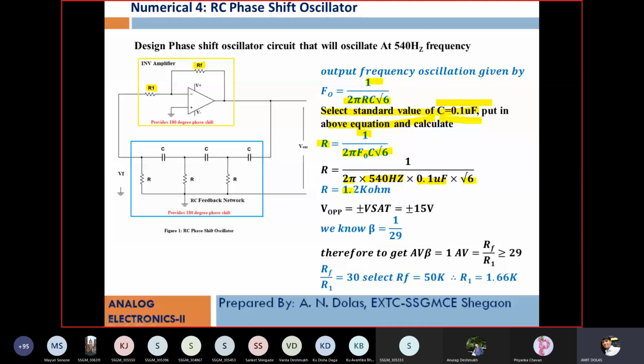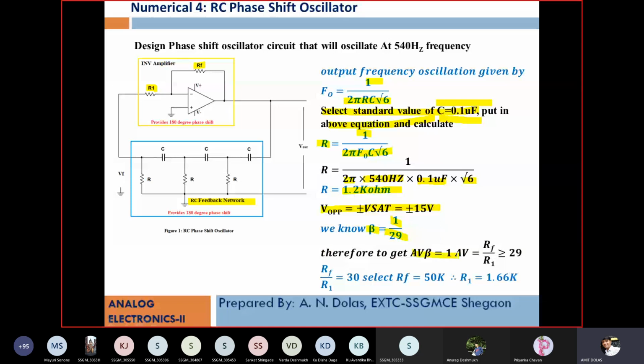So putting this, we get R is equal to 1.2 kilo ohm, and the output peak to peak will be plus minus 15 volt, of course if you are using a 15 volt power supply. If you are using a plus minus 12 volt power supply, plus minus VSAT will be approximately equal to plus minus 12 volt. We know beta is the feedback factor of the RC phase shift network, this one, and after calculation it is fixed, it is 1 by 29.